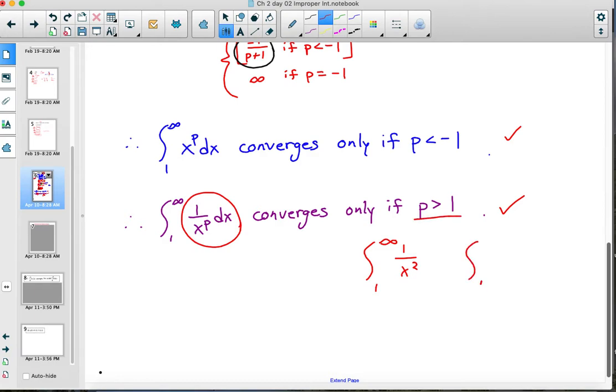Or from 1 to infinity of 1 over x to the 3 halves: p is 3 halves here, that's still greater than 1. How about the integral from 1 to infinity of 1 over x to the 1.0001? That'll still converge because p is greater than 1. All right, so let's look at a couple examples.